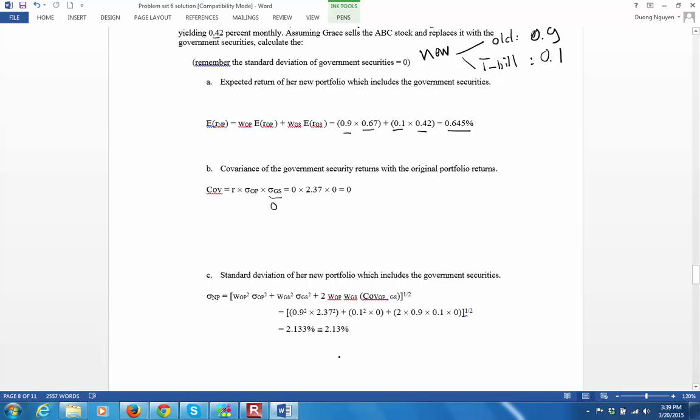So you have the variance of the new portfolio.